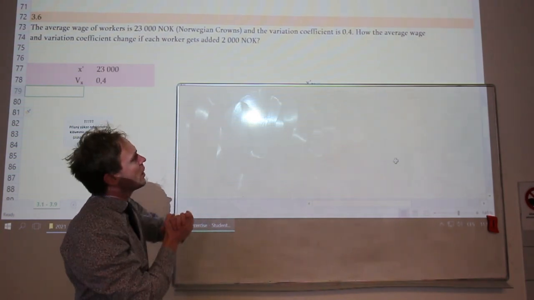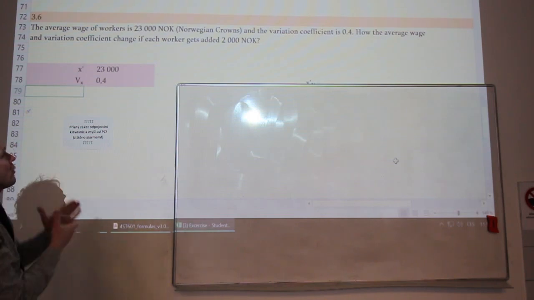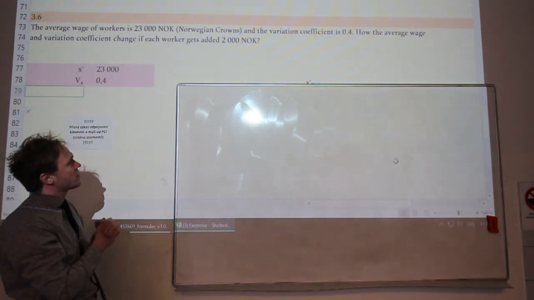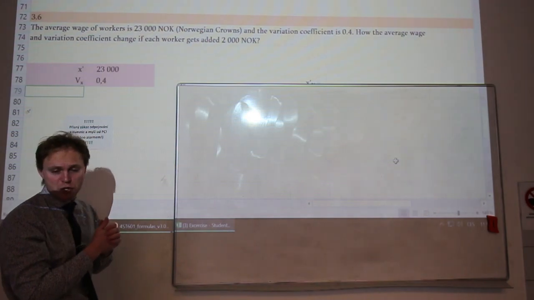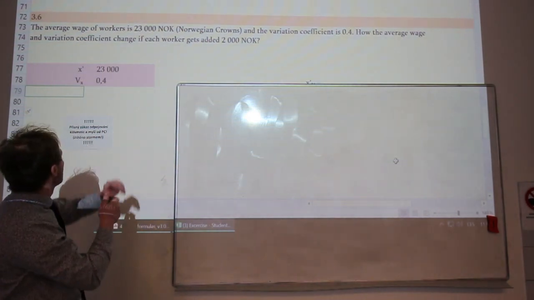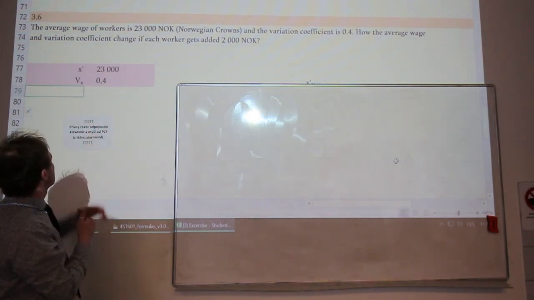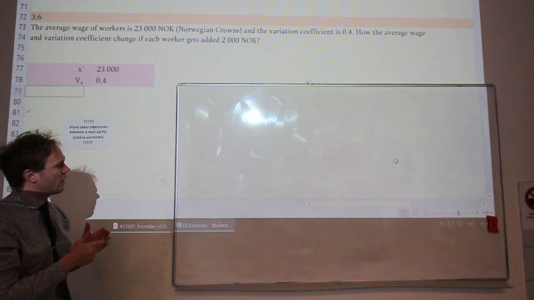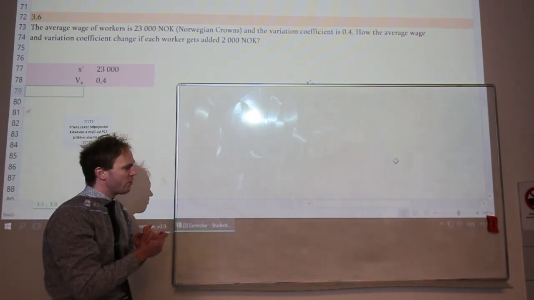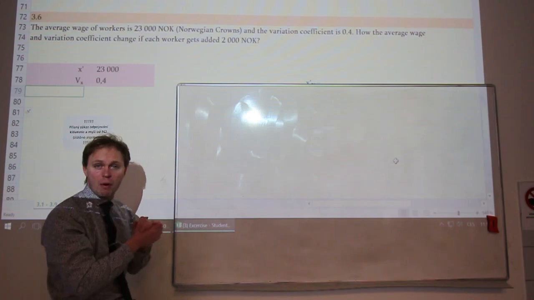And the question: how do the average wage and variation coefficient change if each worker gets 2,000 Norwegian crowns added, yes, at constant? So we know the calculated mean, average, and variation coefficient. And for illustration, I will demonstrate this again on the whiteboard.